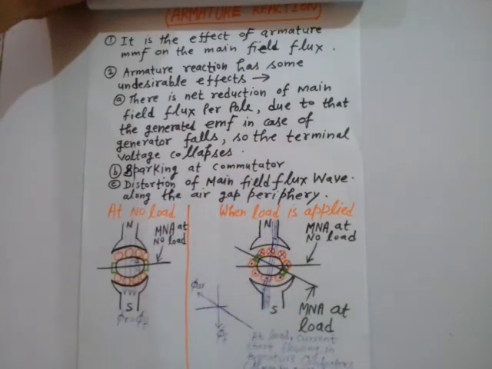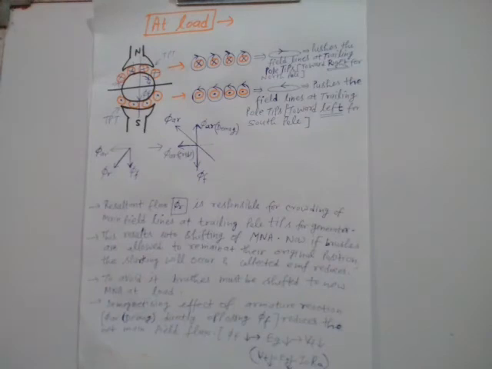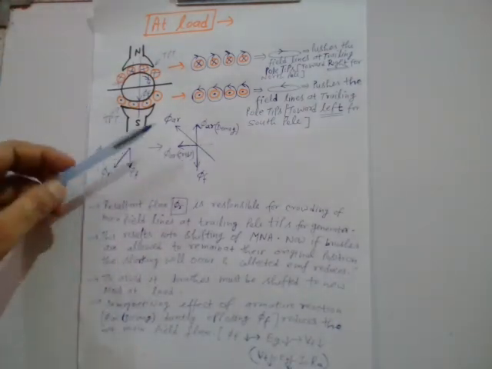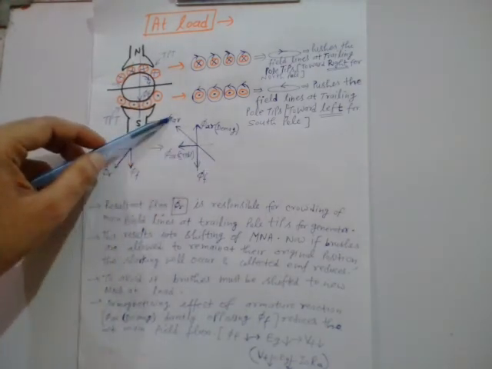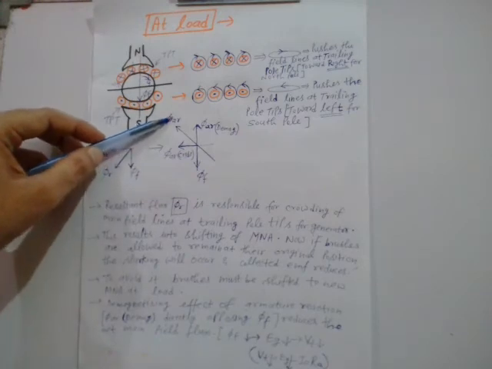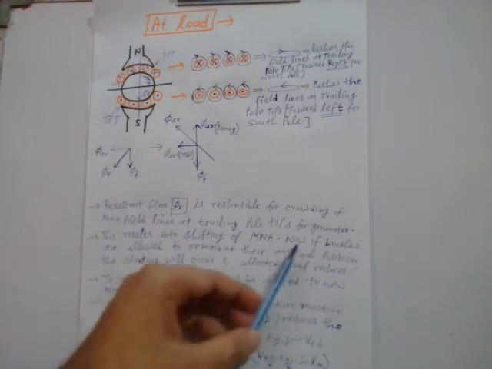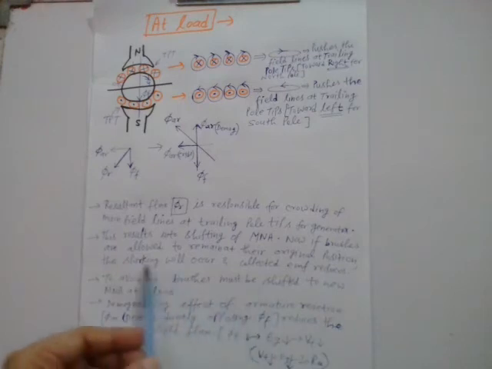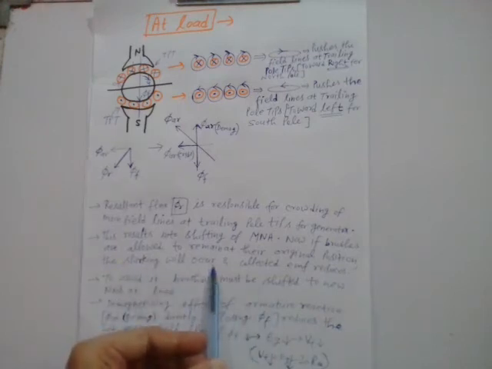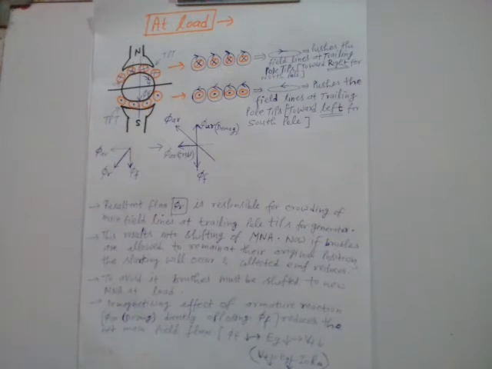Second is sparking at the commutator. Now see here, if the MNA is shifted due to the load, and you allow the brushes to remain at their original position, then definitely sparking will occur, right? And why will this sparking occur?